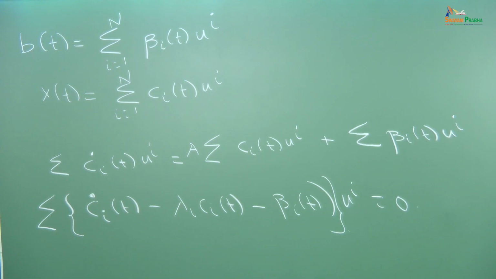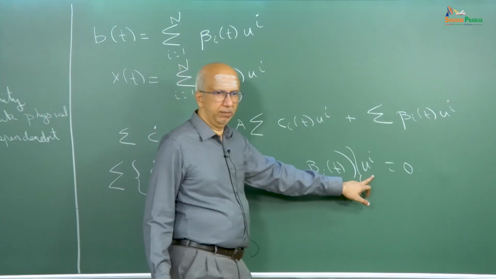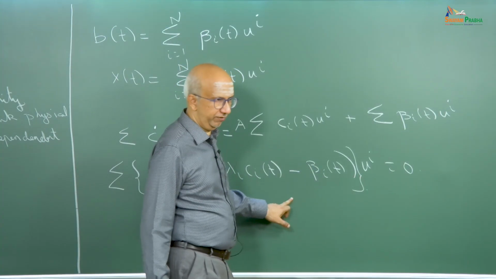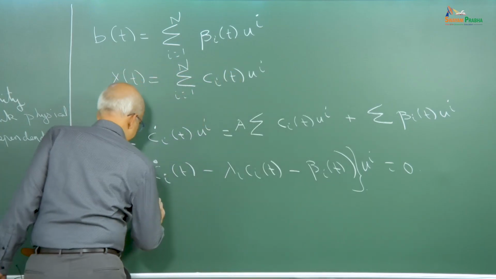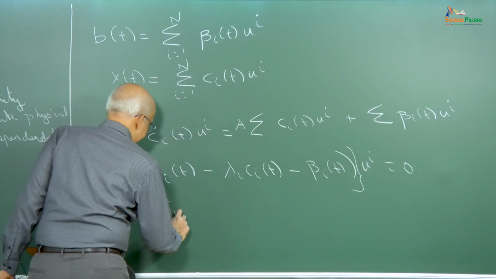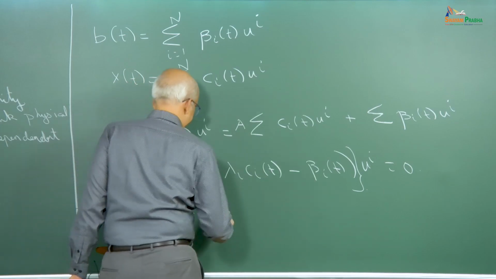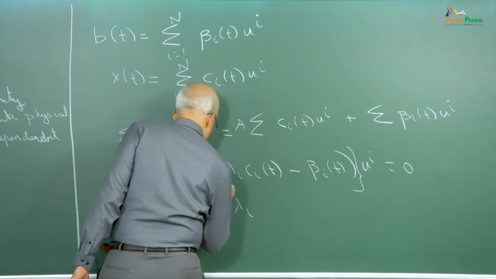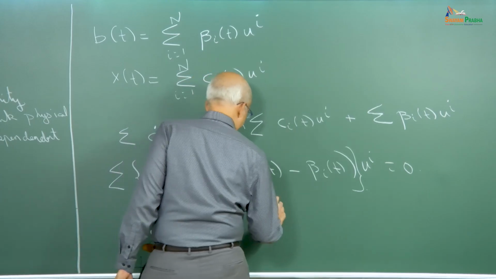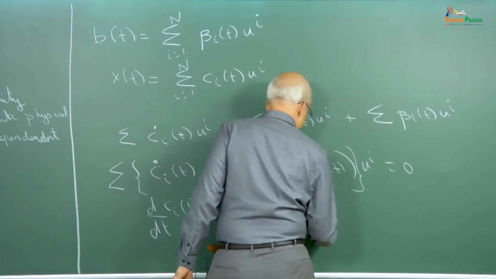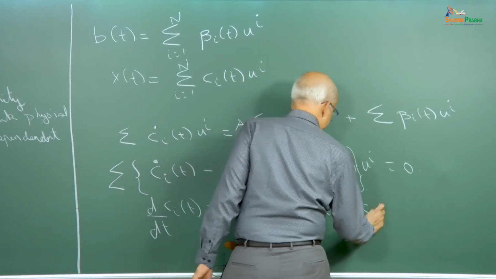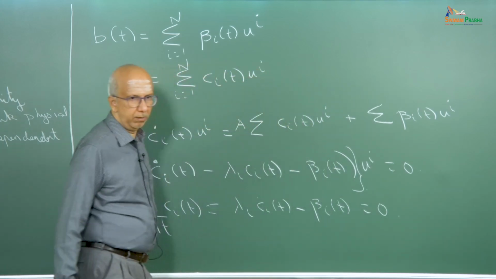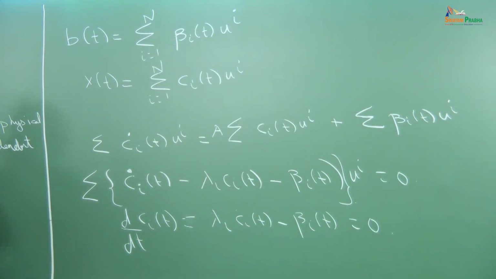Again, the argument is that the u_i's are independent, and therefore this has to be true for every time, and I get this equation has to be satisfied by the c_i of t. Okay. So, this must be true for all the times and all the i's.